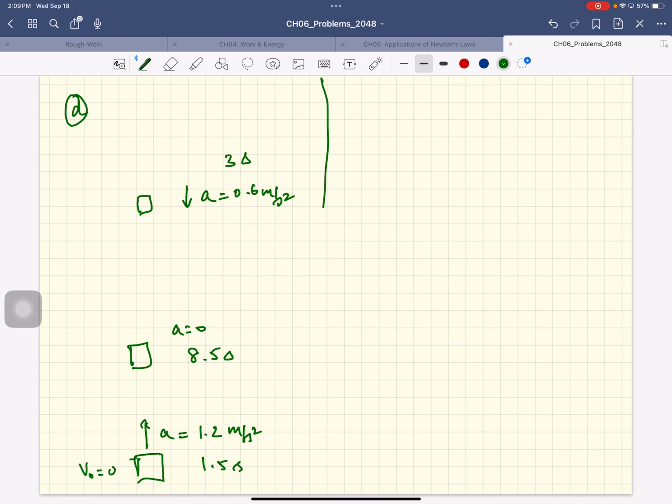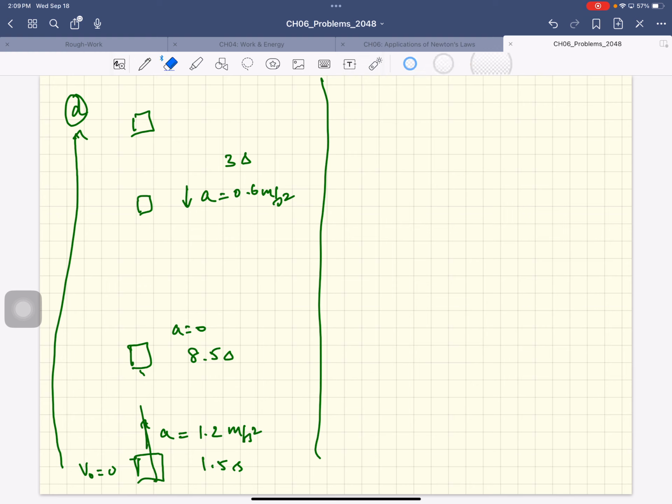So that's your motion, and what you want to find is the total height you gained and your final velocity. We'll do this in stages. Let's find the velocity after you've accelerated for 1.5 seconds, and then you move at constant velocity. So part one, part two, and part three of the motion.